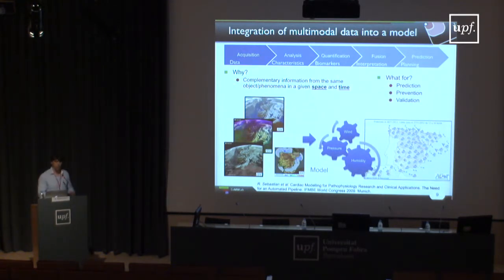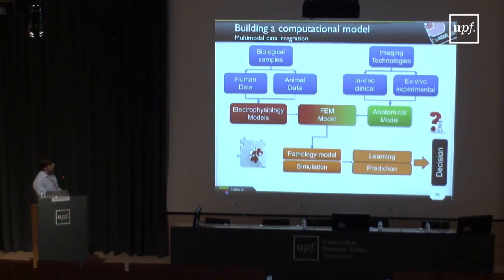in a particular area. We want to do something similar with the heart and in particular for cardiac electrophysiology. So we developed this pipeline here in which we first want to build the anatomical model of the heart using either ex vivo experimental data or in vivo clinical data if we want to have a patient-specific model. We want also to acquire information about the electrophysiology.